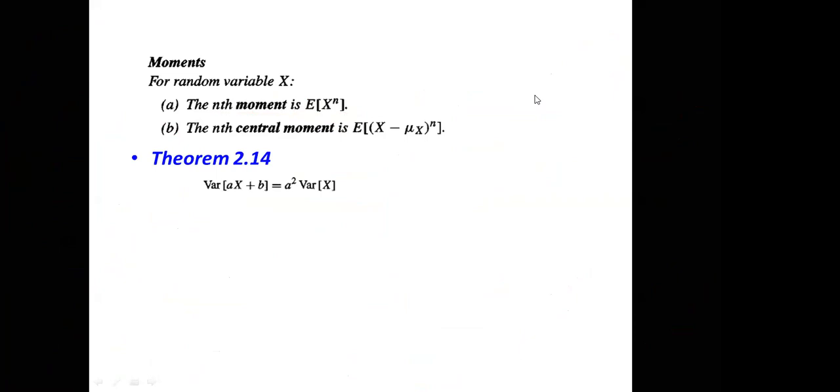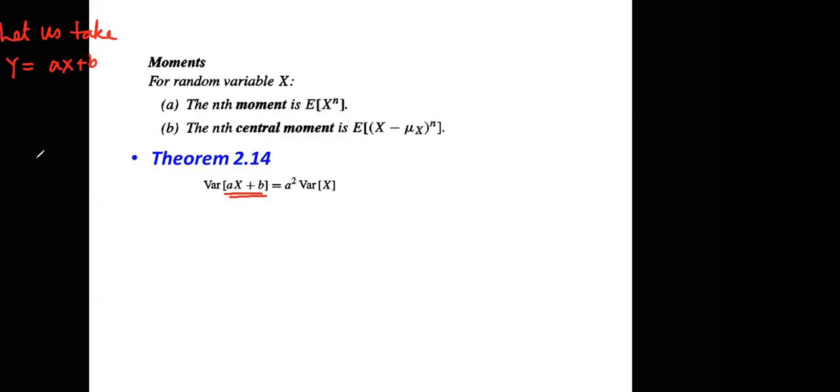If I want to prove it, then we need to go from here. Let us take y equals ax plus b. This ax plus b, I'm taking it as y.